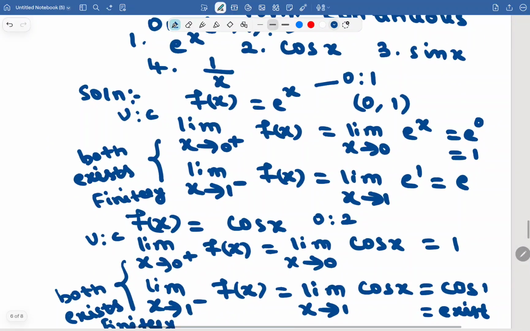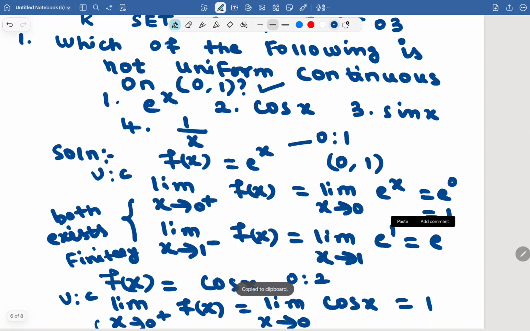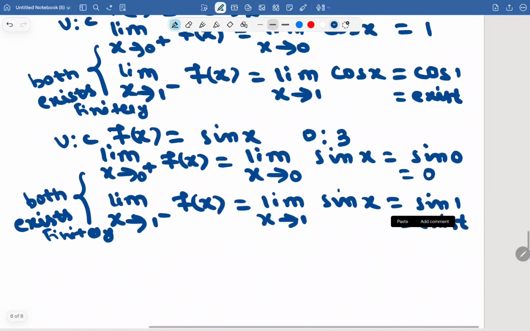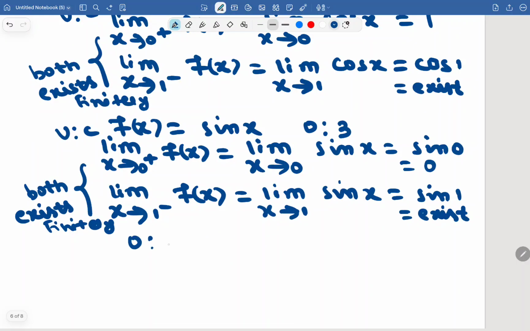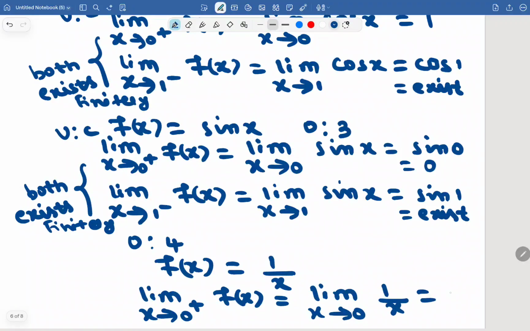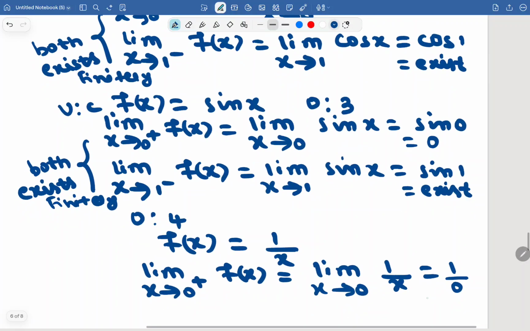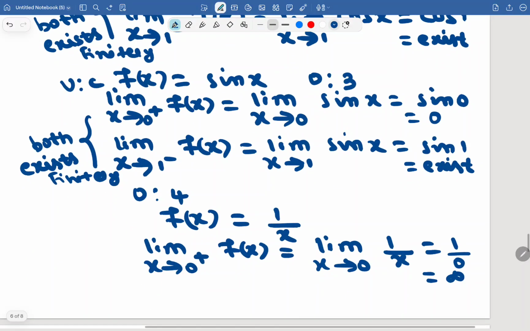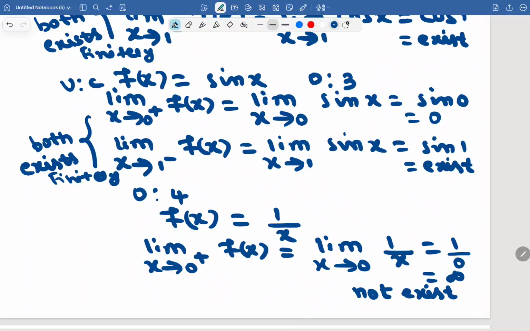Obviously option 4 is the correct option for proving not uniformly continuous. You have to check for option 4. What is f(x)? 1/x. The limit as x tends to 0 plus of f(x), the limit as x tends to 0 of 1/x, 1/0, which is equal to infinity, does not exist.